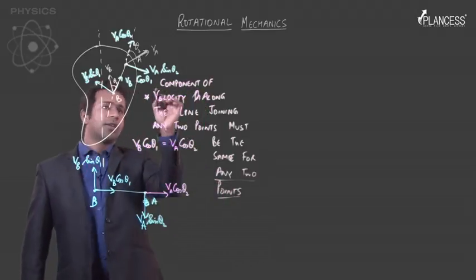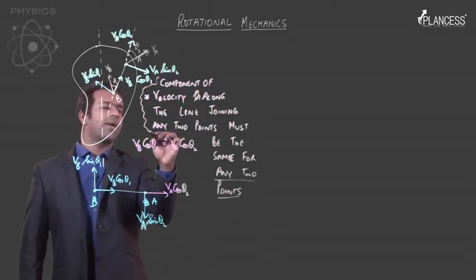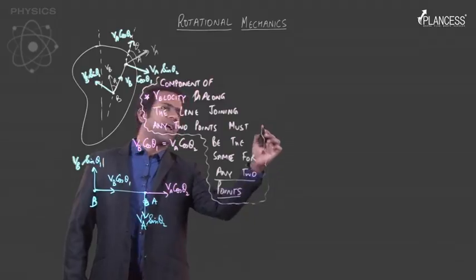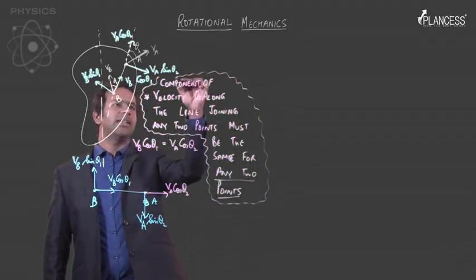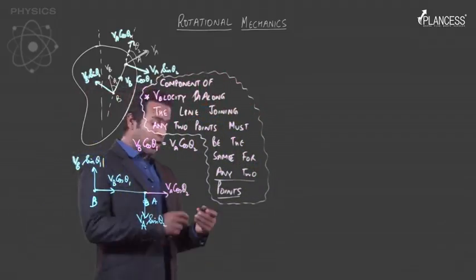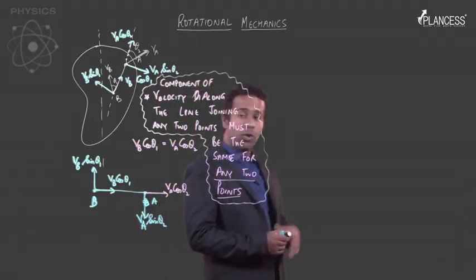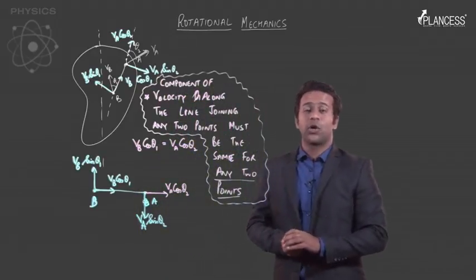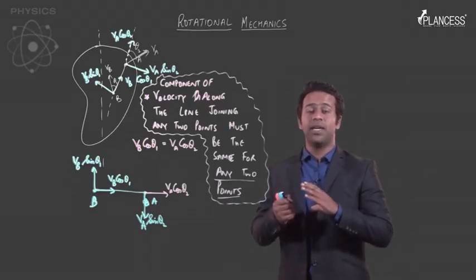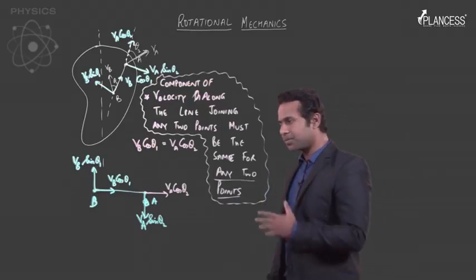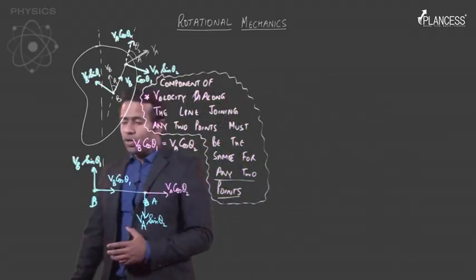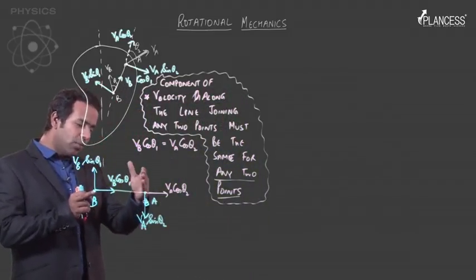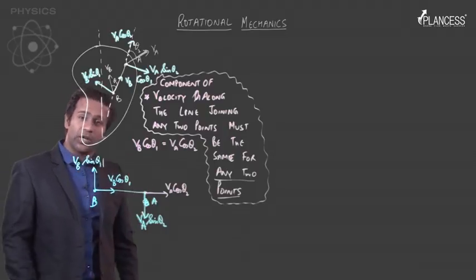Right? So what we see from here is that if you have 2 points and if we join them through a line, then the component of velocity of both of these points along this line has to be the same, because only then can it be a rigid body.